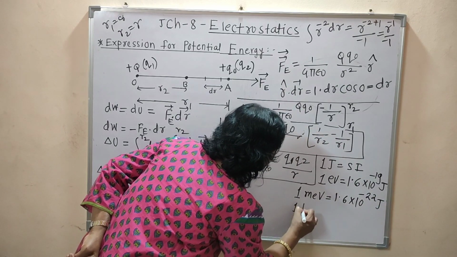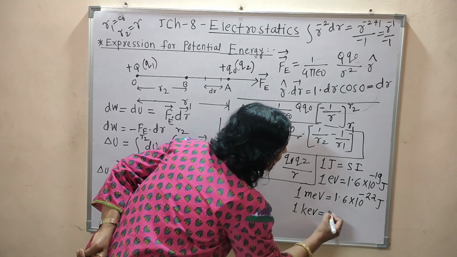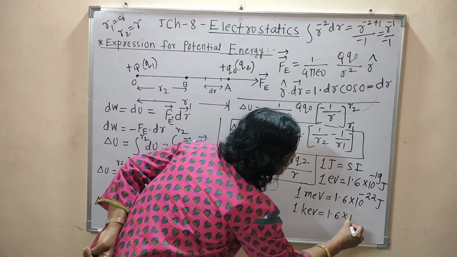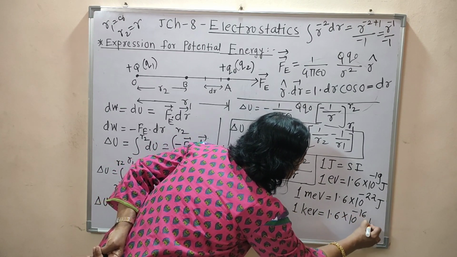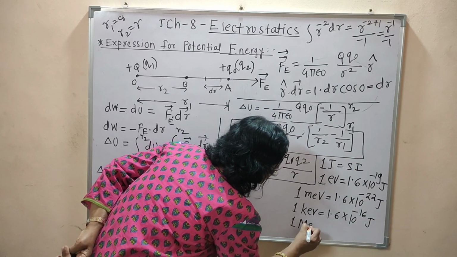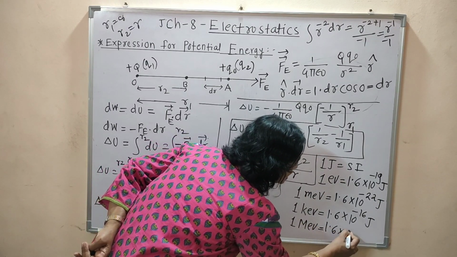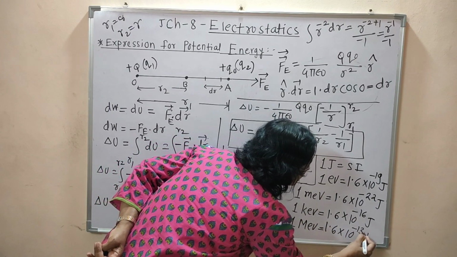Then 1 kilo electron volt, kilo means 10 raised to 3, and it becomes 1.6 into 10 raised to minus 16 joule. And 1 mega electron volt, mega means 10 raised to plus 6, and it becomes 1.6 into 10 raised to minus 13 joule.